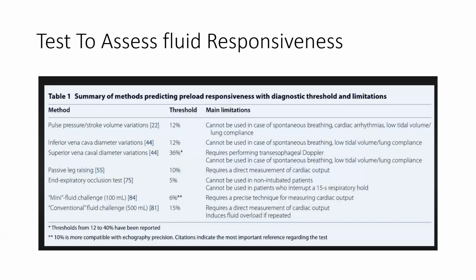Then there are certain tests to assess the fluid response, like pulse pressure and stroke volume variation, inferior vena cava diameter variation, and these two tests cannot be used in case of spontaneous breathing, cardiac arrhythmias, and low tidal volume. Then superior vena cava variation requires performing transesophageal Doppler, and it cannot be used in case of spontaneous breathing, low tidal volume, and low lung compliance.